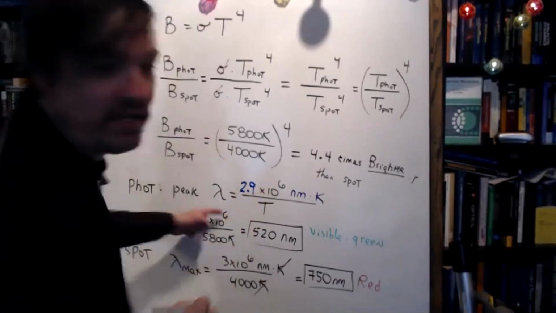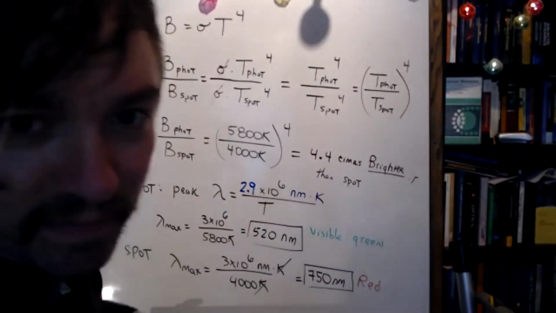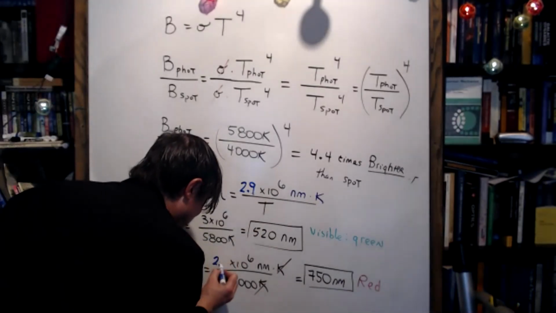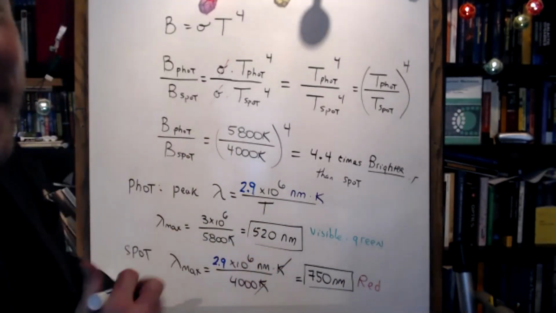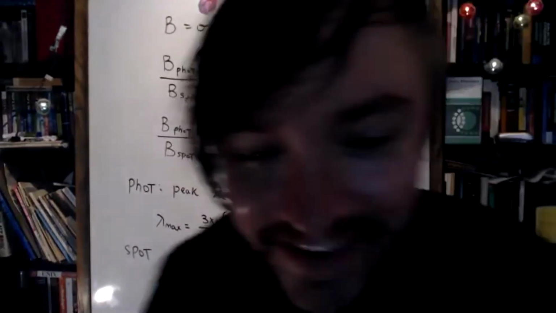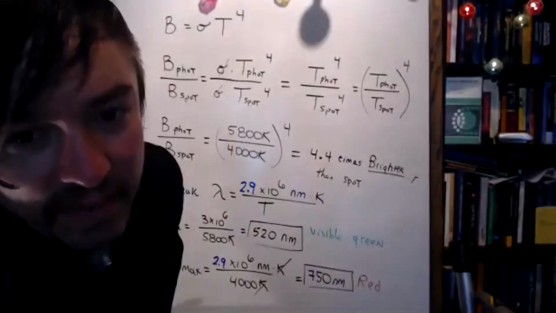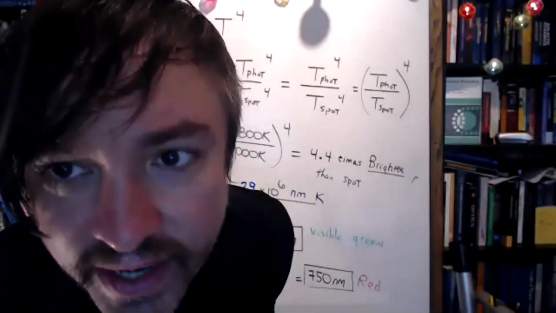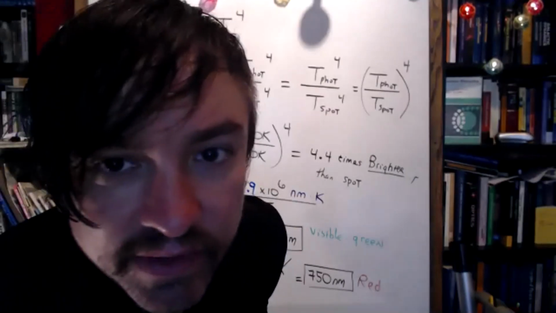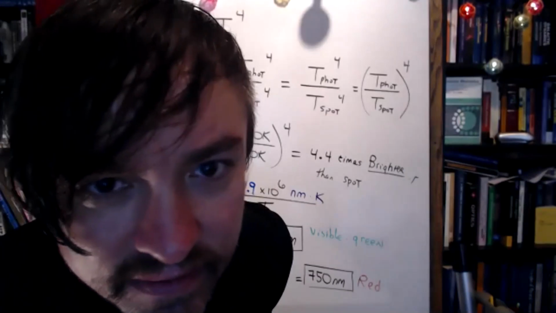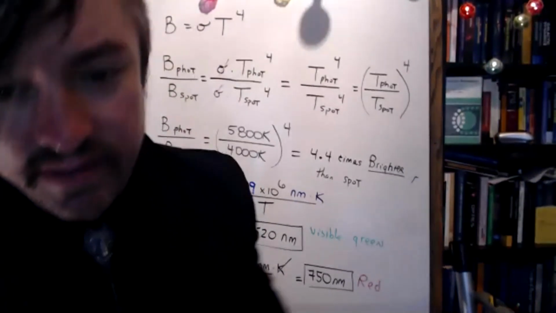If that's real important to you, it can be 2.9 from now on to the end of time, and the effect it's going to have on your answer is not even a little tiny bit. I'm sort of teasing there, but Blair, I'd love to tell you about the 2.9 times 10 to the 6, but it would literally put you to sleep. It involves calculus and taking derivatives, and you just don't want to know.